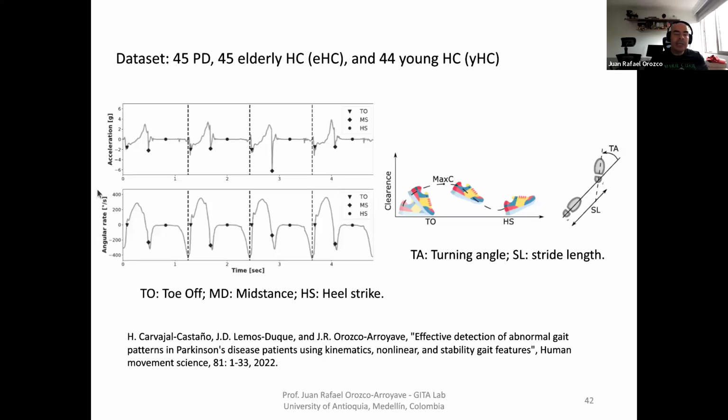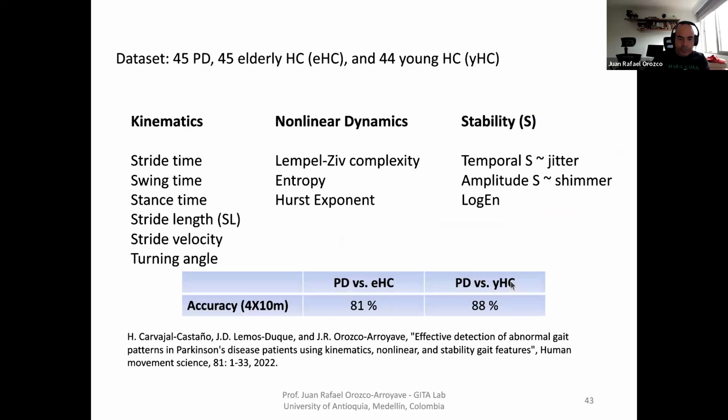Then we considered 45 patients, 45 elderly healthy controls, and 44 young healthy controls. And we measured different dynamics of how the shoe of the patient is moving while walking. We specifically paid attention to the maximum altitude, the minimum amplitude, and the velocity of the movement.